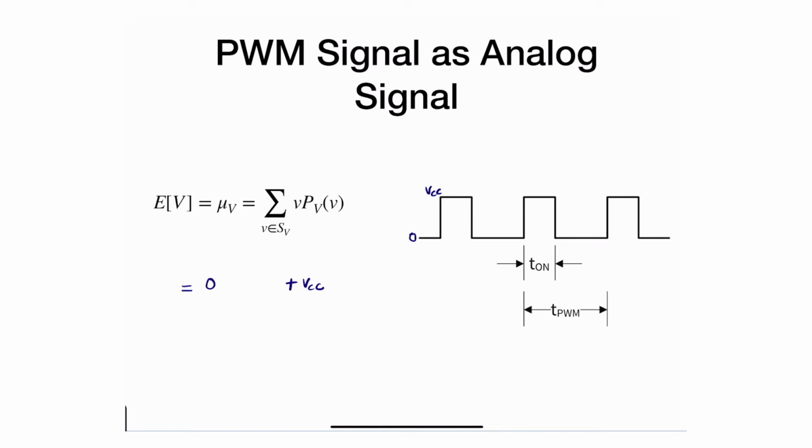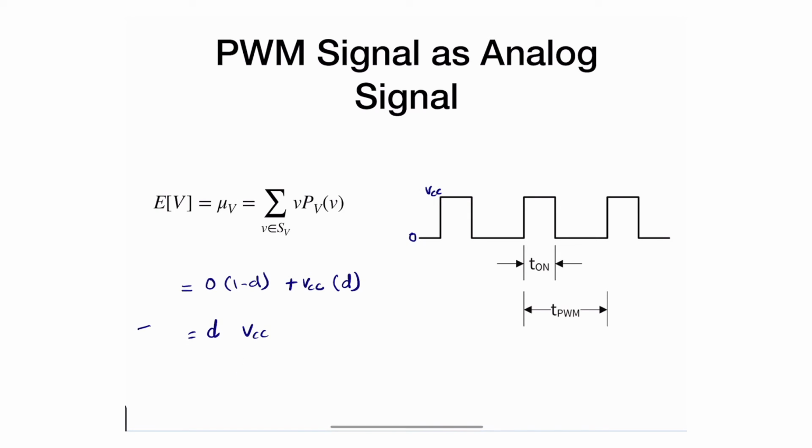And if you use the frequency interpretation of probability theory, that's exactly D, which is the proportion of time it is in the on position. Of course, if it's D in the on position, that means it's 1 minus D in the off position. So if you do the math, you will see that it's basically just D times VCC. D is the duty cycle, and VCC is that voltage.